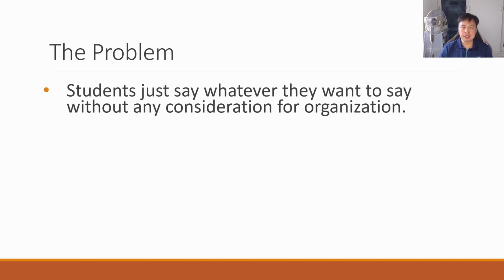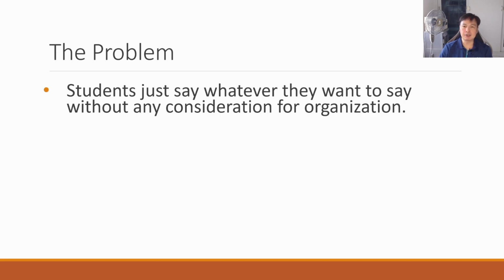So what happens is that during the oral or essay writing, students just say whatever they want to say without any consideration for the organization of the ideas. So they just talk about point one, for example, and then without further elaboration, they just move on kind of randomly to talk about the second point and maybe even the third point and the fourth point.